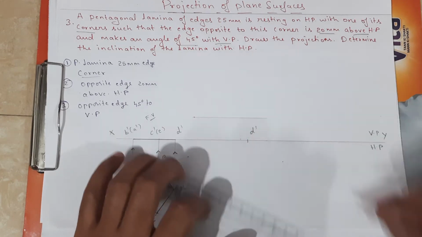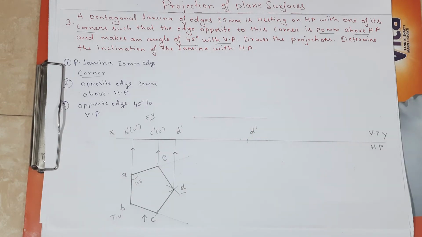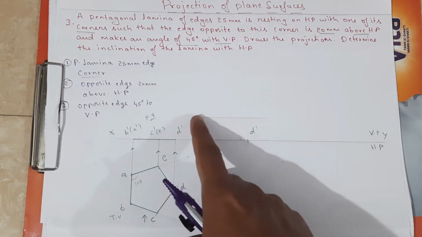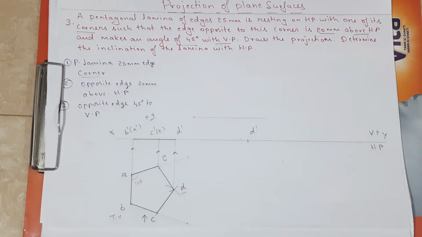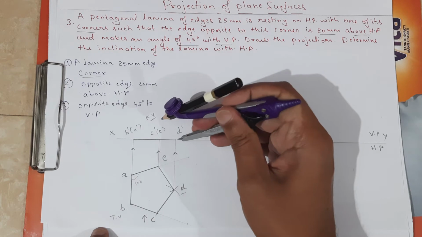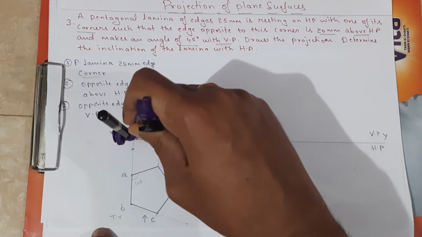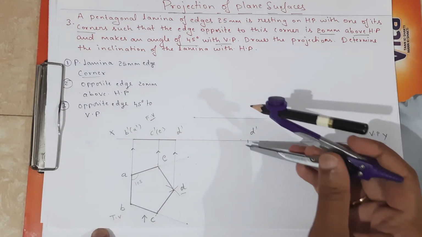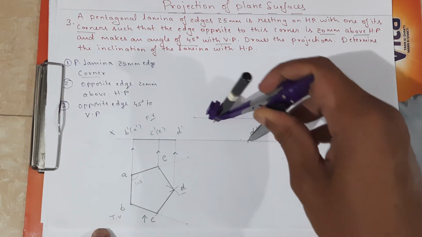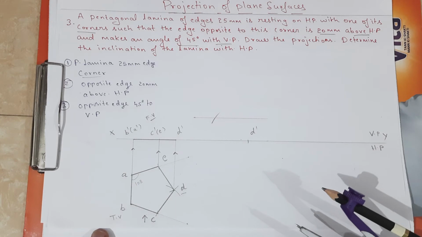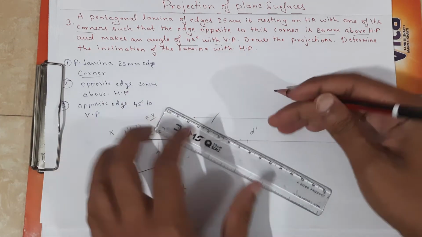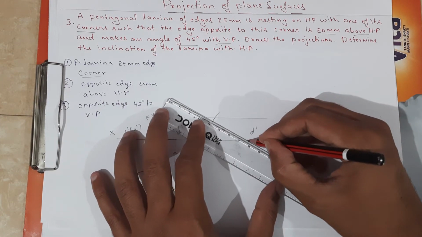Just draw a reference line like this. So I fix D dash and also draw a reference line. Afterwards, measure the front view D dash to B dash. With D dash as center, I cut an arc on this reference line.